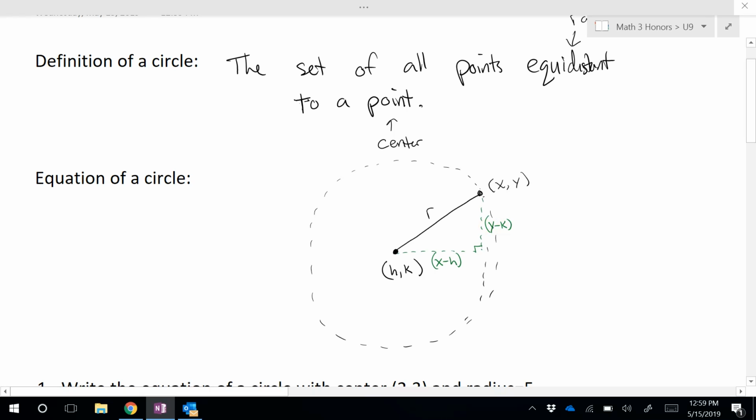So use the Pythagorean theorem, and what do we get? (x minus h) squared plus (y minus k) squared. Pythagorean theorem, a squared plus b squared equals c squared. And this is the equation of a circle.